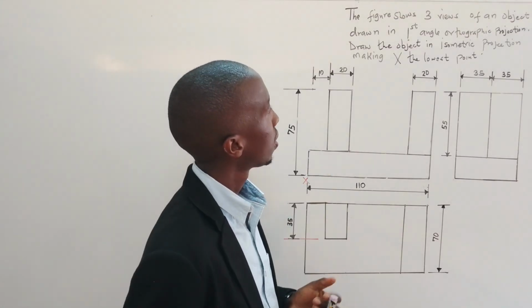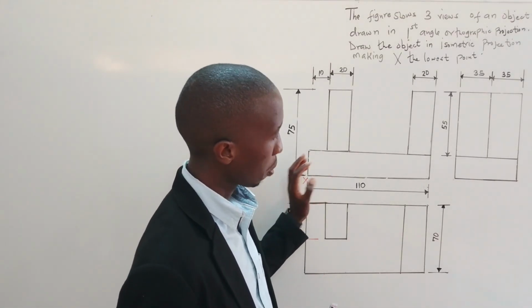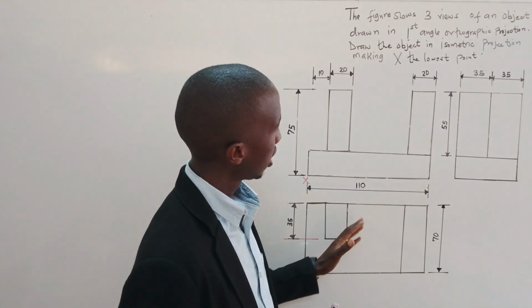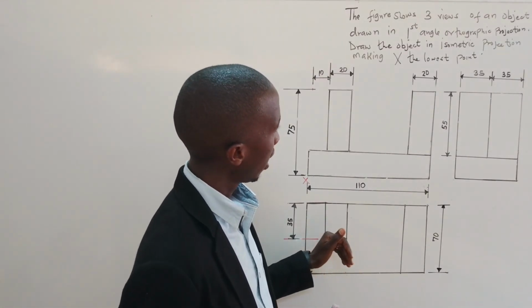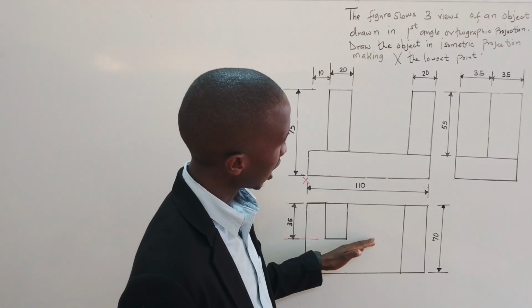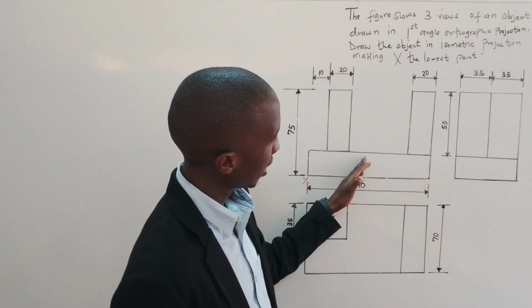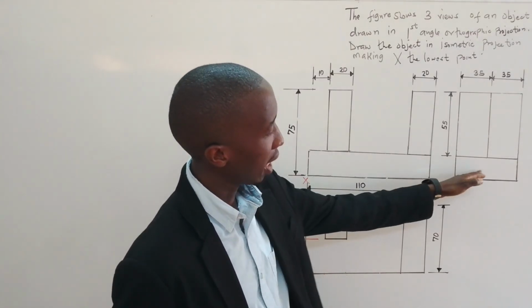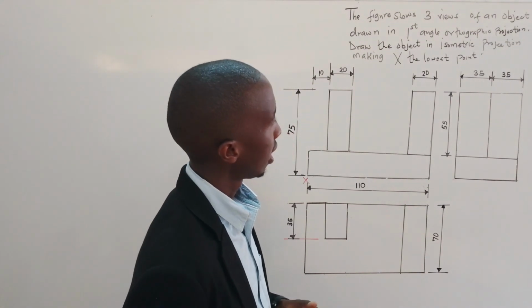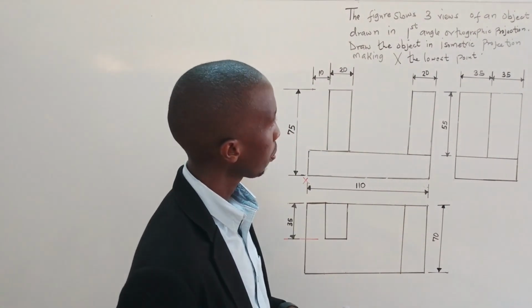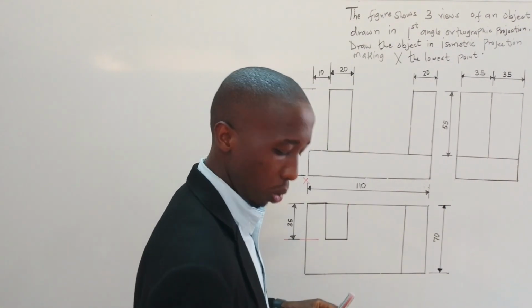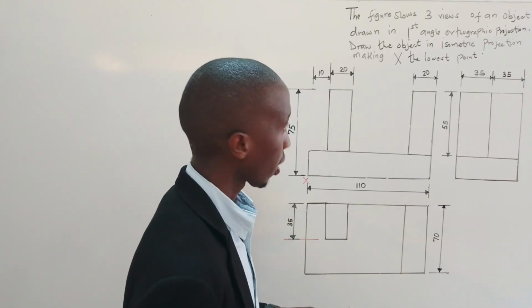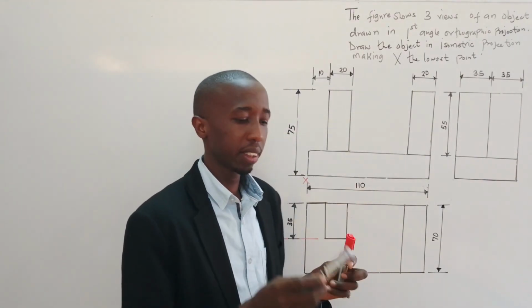Now we know that this is in orthographic projection because of the views. We have three views, and looking at this, we have this as the plan, we have this as the front elevation, and we have this as the end elevation. Now I will use two sets of pens.